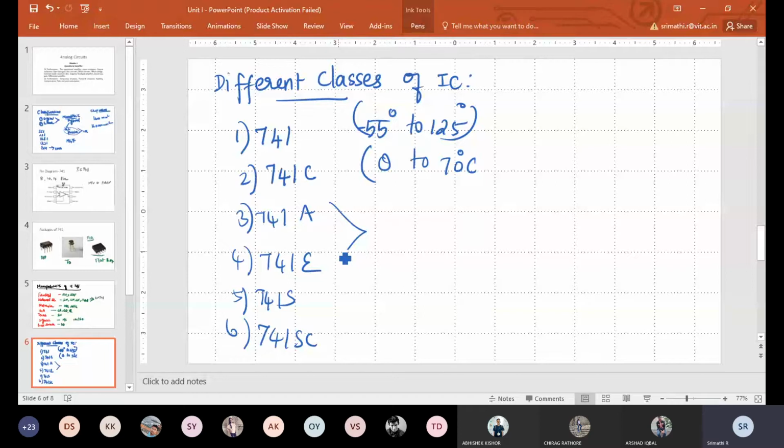And 741SC is a commercial grade op-amp with a higher slew rate. We will see what is meant by slew rate once the course is started.